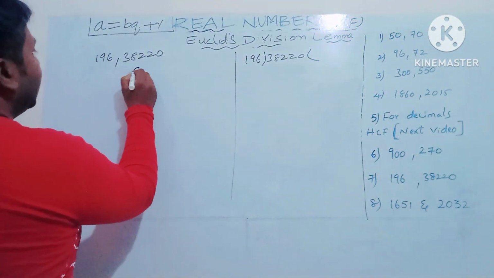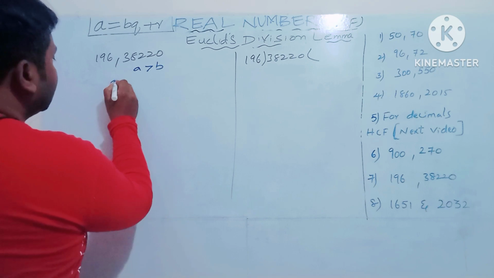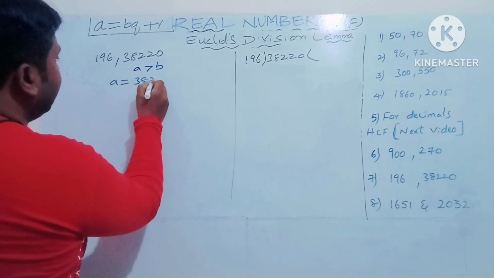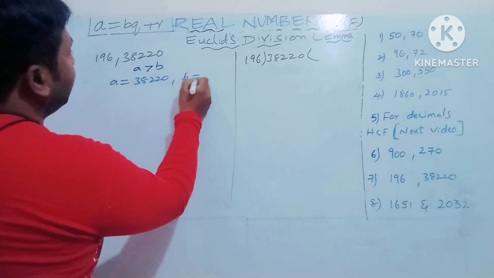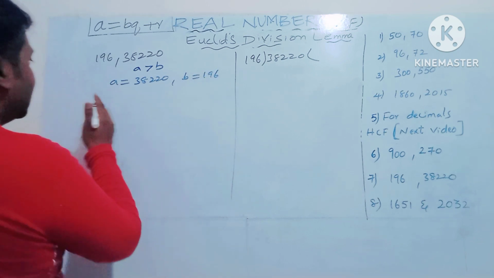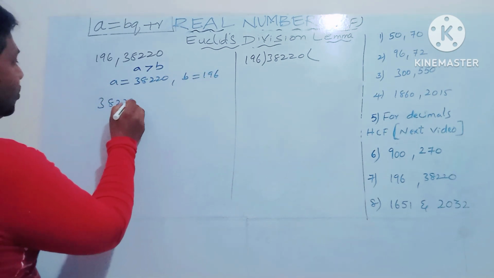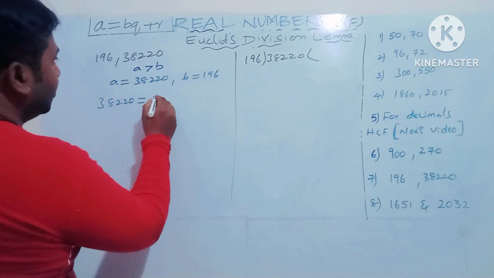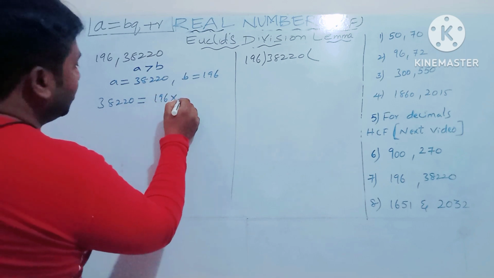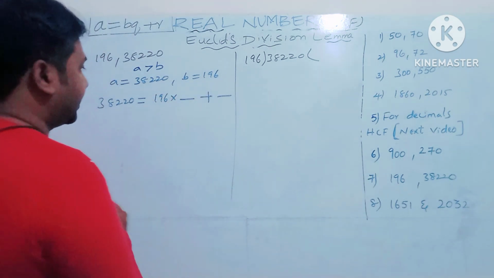I can take A greater than B. So A equals 38220 and B equals 196. So if I write 38220 equals 196 into some value plus remainder.